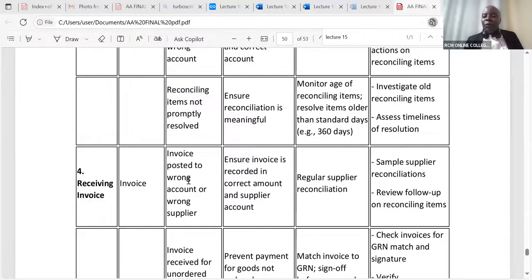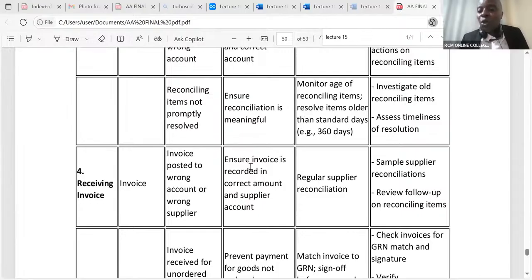So then if we have controls, what will be the objective? The objective will be to ensure that the invoice is recorded in correct amount and supplier account. All right. Ladies and gentlemen, from there, then what controls will you be able to put as an accountant to ensure that this is done very correctly? This involves amounts.